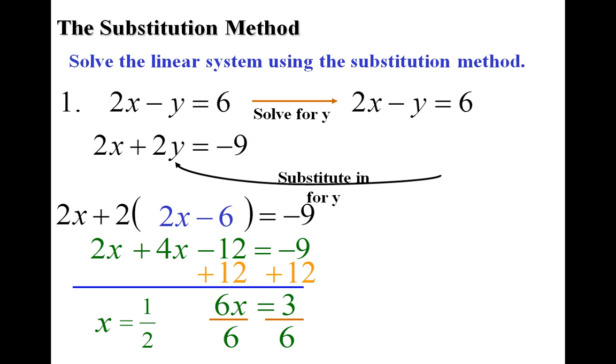Now we've got to figure out what y equals. Since x equals 1/2, what we can do is use this equation here, y equals 2x minus 6. Since y is already on one side, all I have to do is plug in 1/2 into this equation. Alright, plug in 1/2. We get 2 times 1/2.